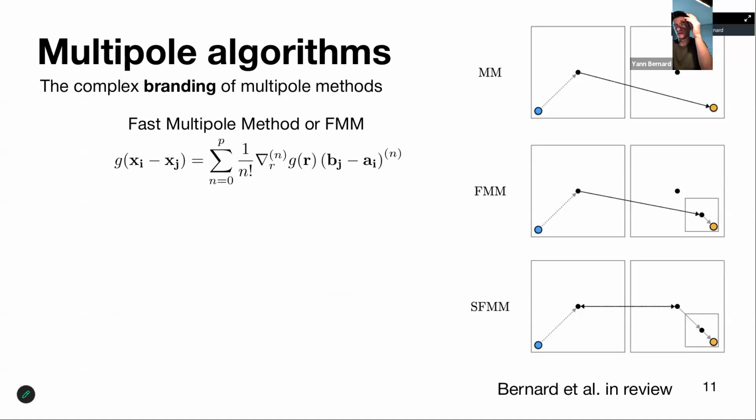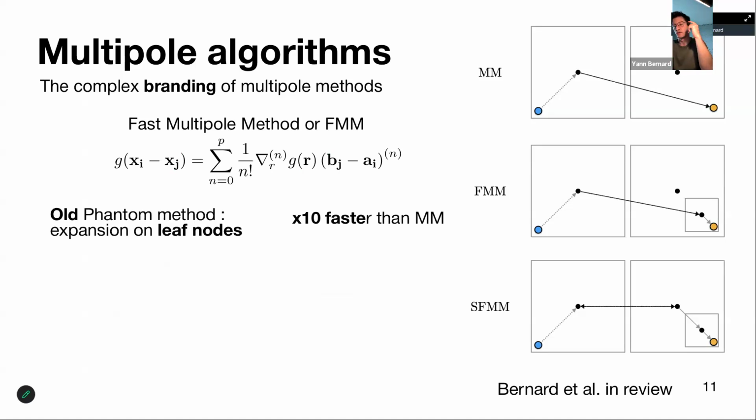That could save quite a lot of time. In the old Phantom method, we apply this expansion on leaf nodes, which could give us a boost of 10 compared to the original method, because we have 10 particles in each leaf node of the kd-tree.